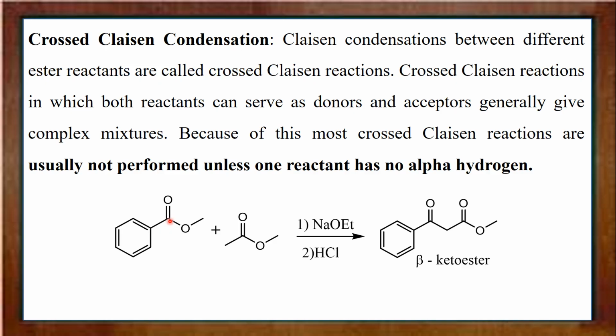So mixed Claisen condensation between two esters, one with alpha hydrogen and another without alpha hydrogen, is okay. Suppose both the esters have alpha hydrogen, we will end up with a mixture of products, and that is not a preferable strategy for forming a product.